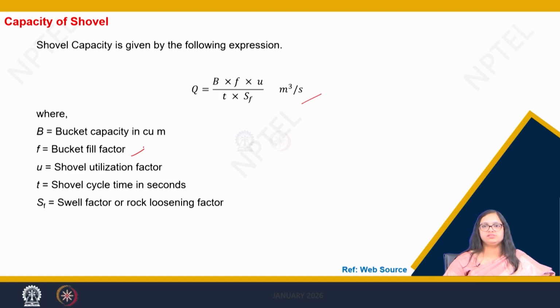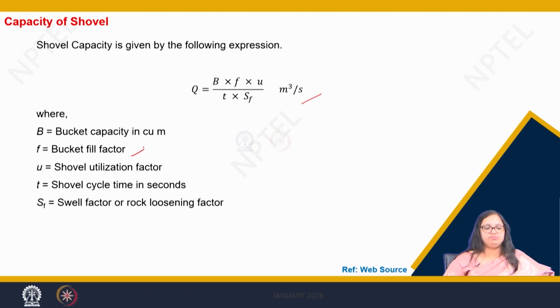Now when it does the cutting operation, some part of the bucket gets filled and some other part remains unfilled. So the amount of material that gets filled inside the bucket divided by the total inner volume of the bucket gives you the bucket fill factor. So it is always less than 1.